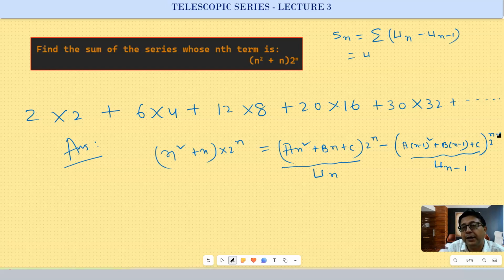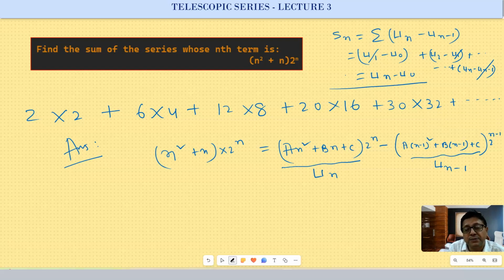It will be, for n equal to 1, u1 minus u0 plus u2 minus u1 plus, this way, un minus un minus 1. All these get cancelled. So the first term with the last term of the next series, till this all get cancelled. The sum will be un minus u0. We did sums based on it. I hope all of you remember it.